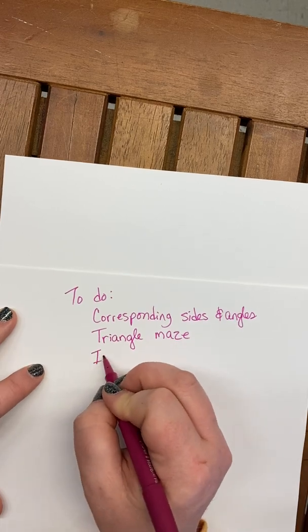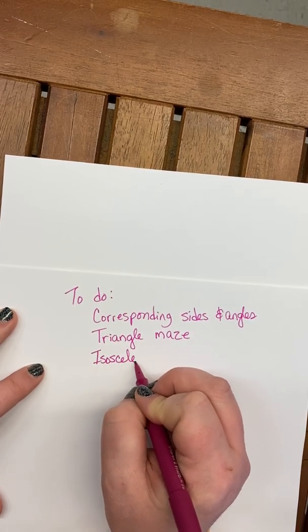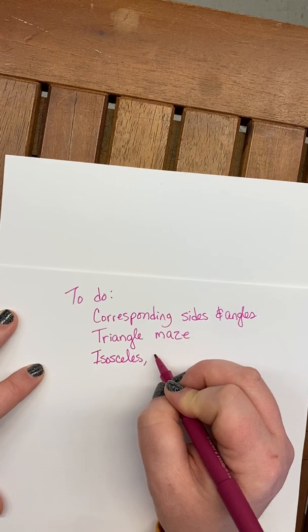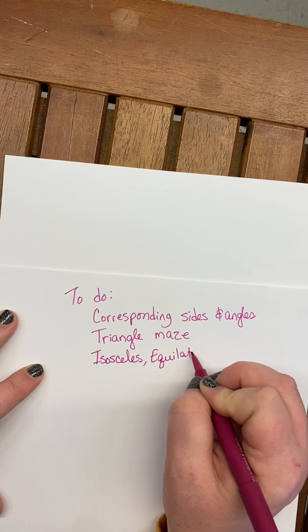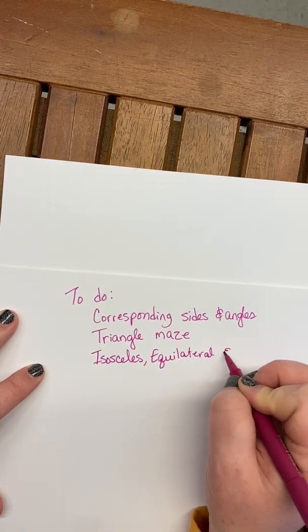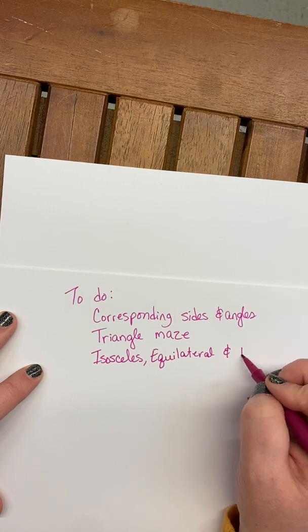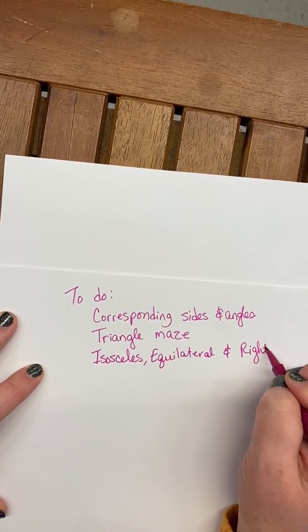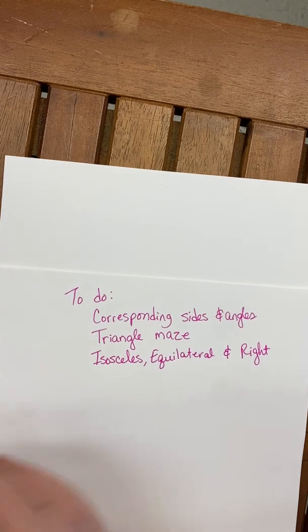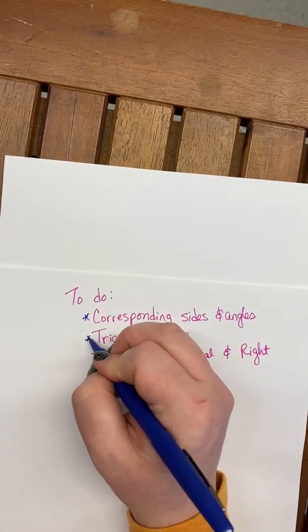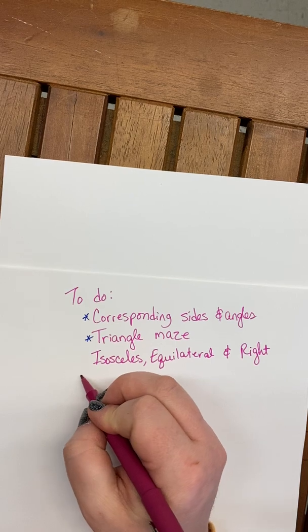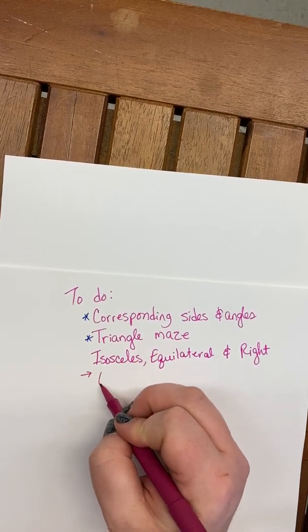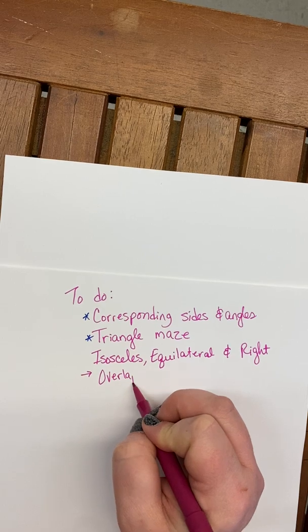You have the isosceles, equilateral, and right triangle assignment. Now, these two right here, I have to grade by hand, so you won't get an immediate response. I have not put in the next assignment, but I will be putting in an assignment on overlapping triangles.